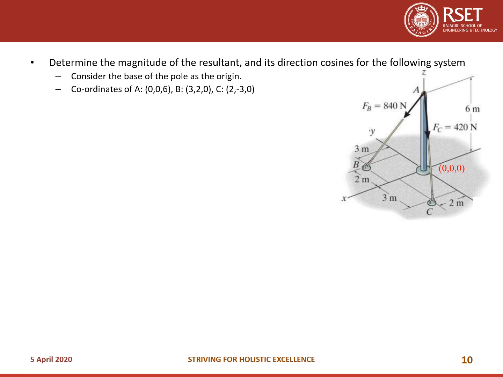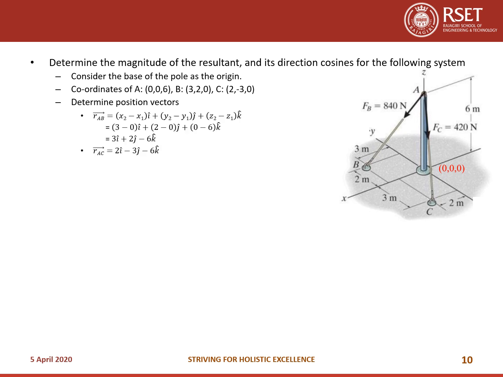And similarly for C, along the positive x direction it takes a distance of 2 meters, and along the negative y direction it goes by 3 meters, and since it is in the xy plane, z component is 0. Now we can determine the position vectors.